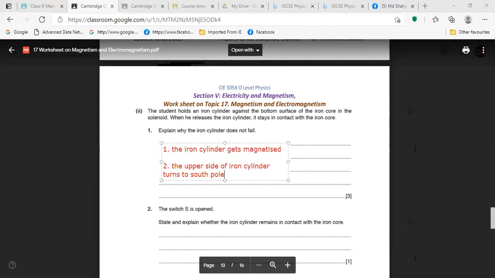Then third point, unlike poles get attracted. Got it, Mahi? Maimuna? Yes, sir.